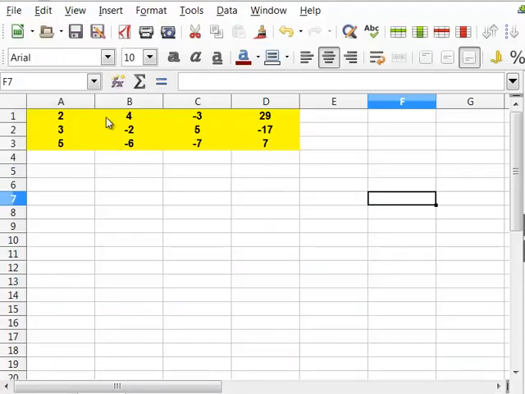This is the same problem we did manually just a minute ago, and I'm going to do it differently than I did for the 2x2 because, as I pointed out at the end of that lesson, there were problems that could arise if one of the lead coefficients out here was 0, and you're trying to divide through by the lead coefficient in every case, and that can lead to trouble.